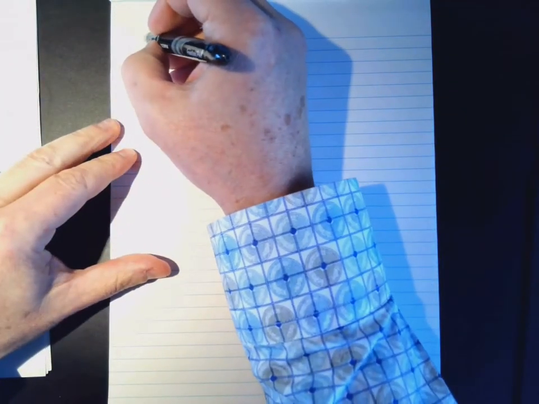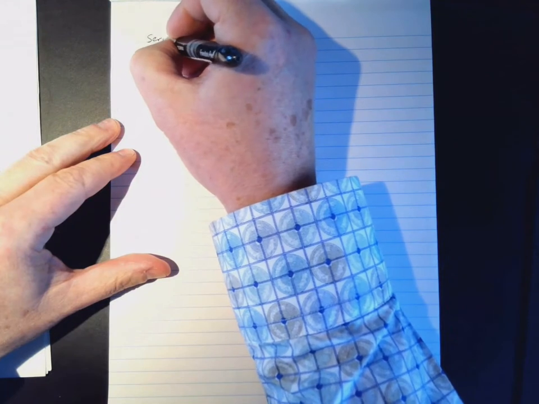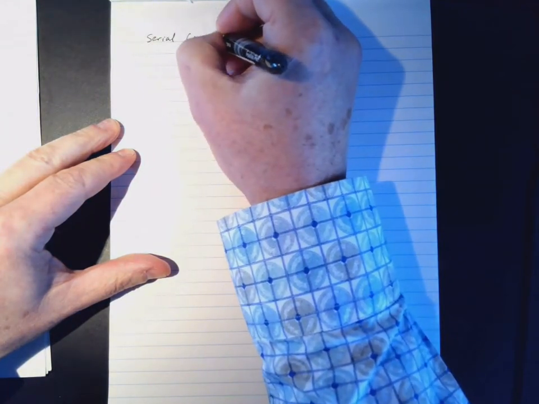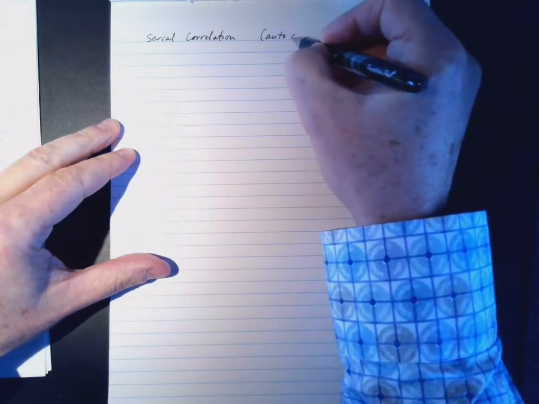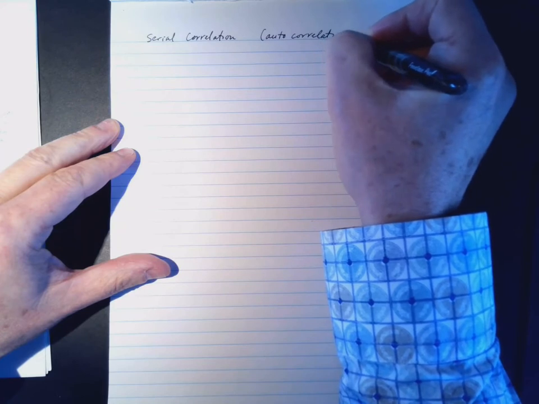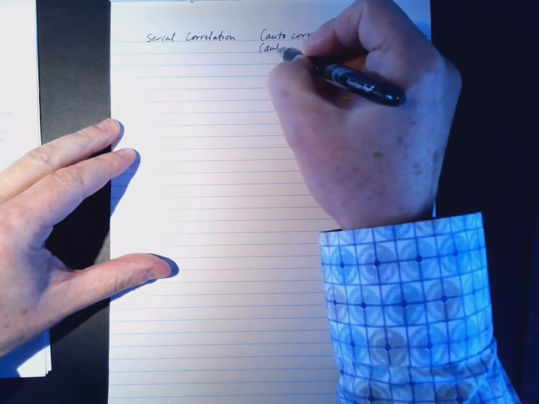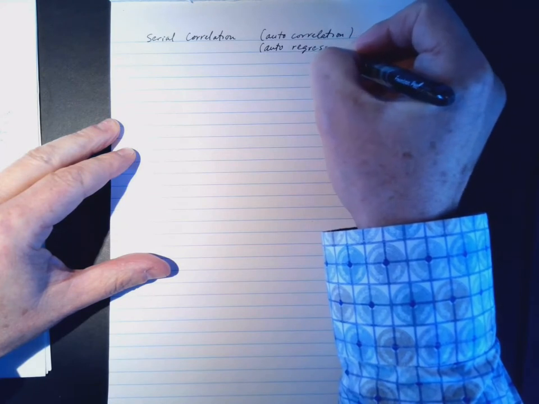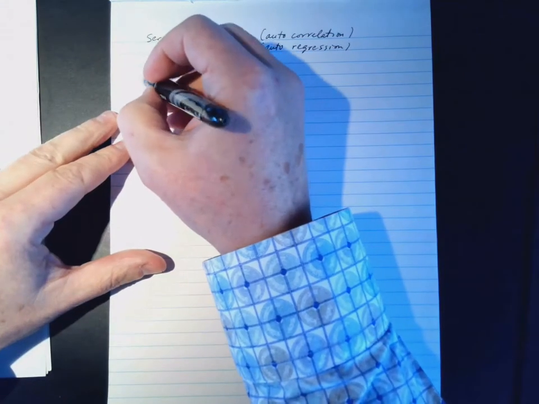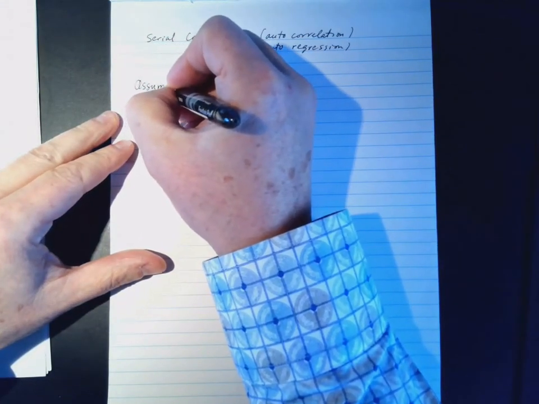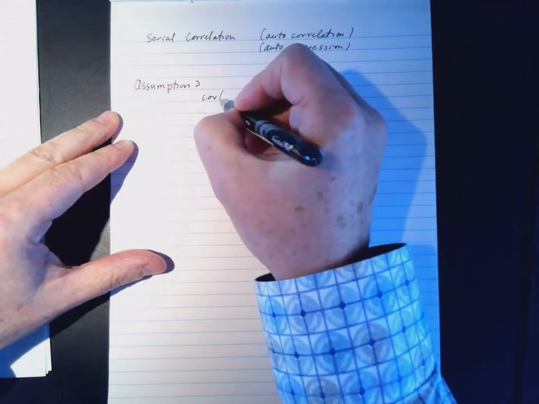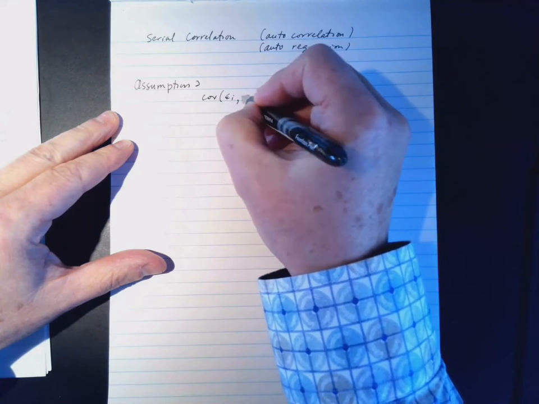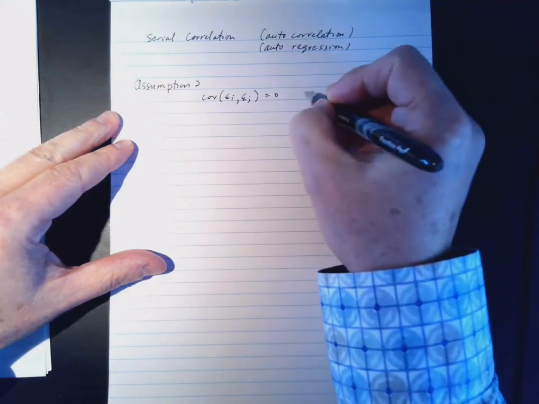All right, so our topic today is serial correlation, which is also called autocorrelation, and it's also called autoregression in some cases. And it all pertains to classical assumption 3, which is that the covariance of any two distinct error terms equals 0.